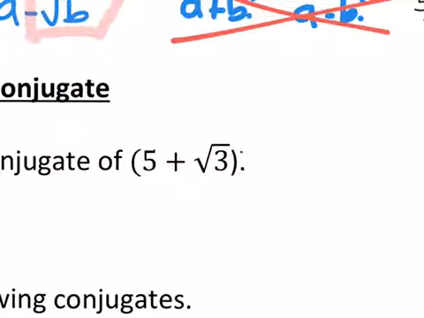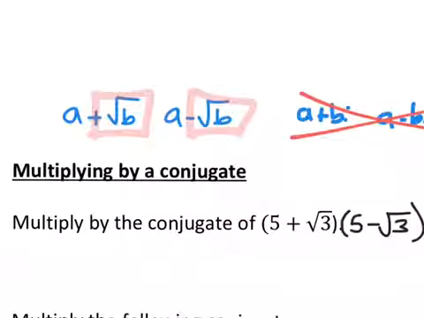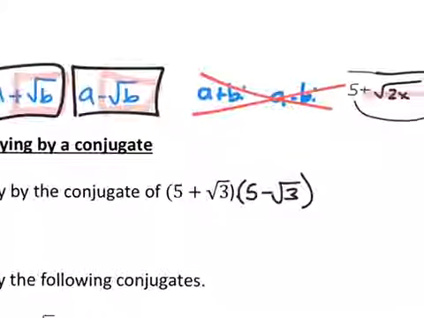So the conjugate of this would be a 5 subtract square root of 3. Because the way that this models is if one's a plus square root of something, the other one needs to be a minus square root of something.